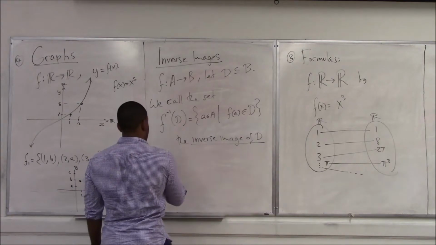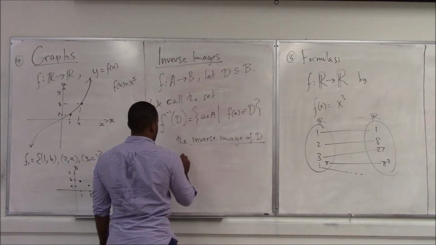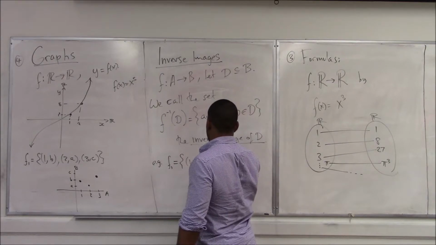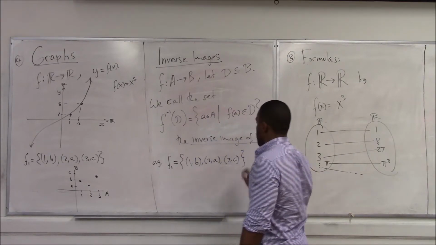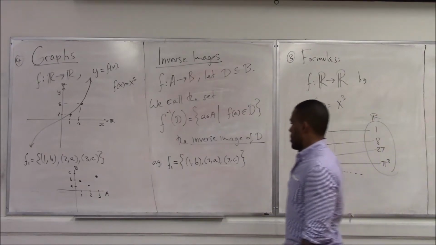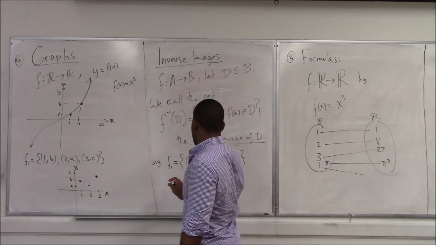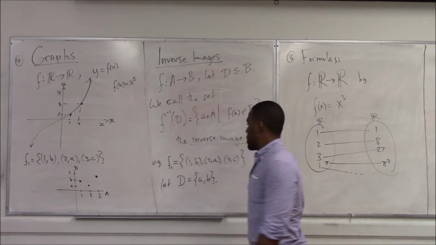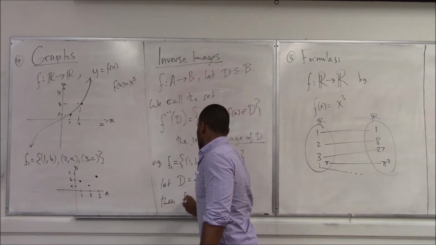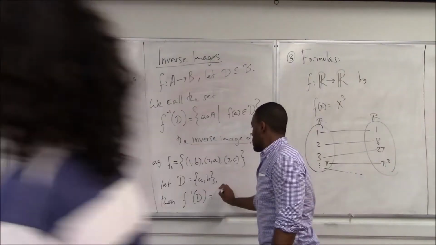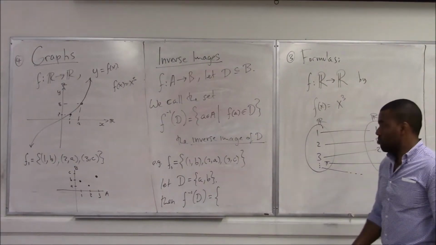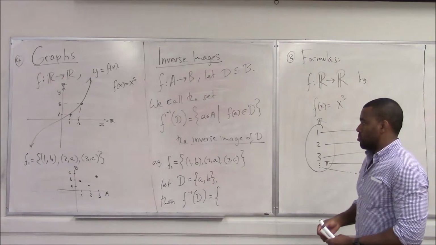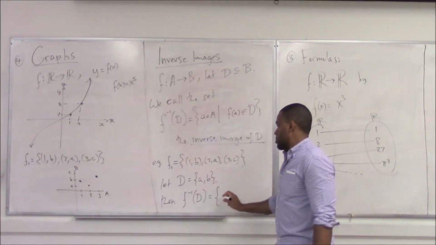So, for example, our F1 was 1 goes to B, 2 goes to A, 3 goes to C. If I let, for example, D be the set {A, B}, then if I take F inverse of D, this is the set {1, 2}.